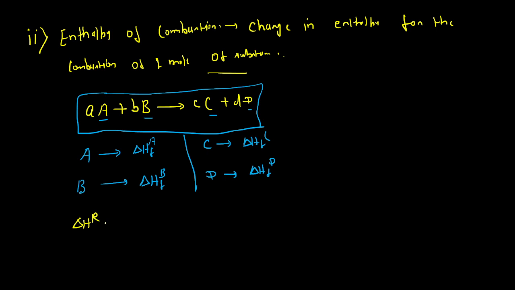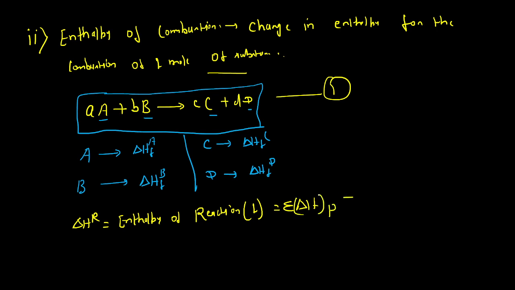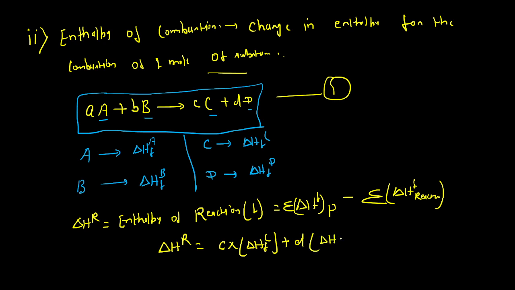So delta H of R equals c times delta H of formation of C plus d times delta H of formation of D, minus a times delta H of formation of A minus b times delta H of formation of B.